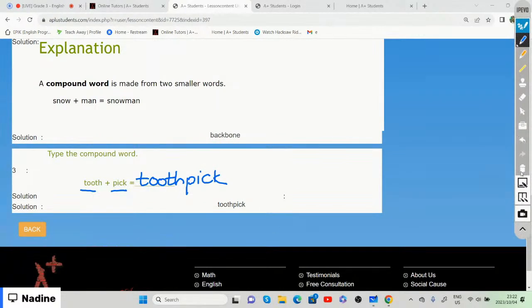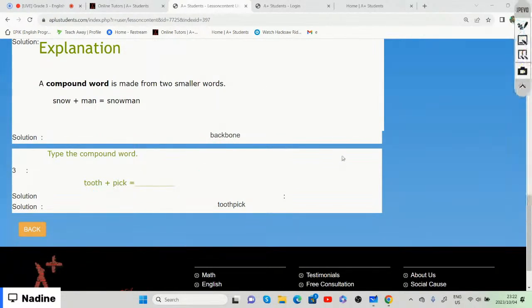All right. Before we go on to the test, is there any more compound words that you can think of? Two smaller words that make up one word.